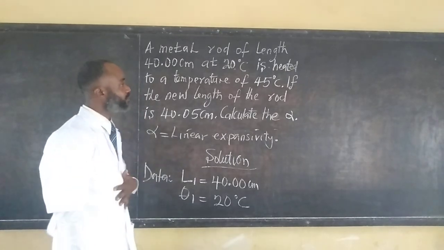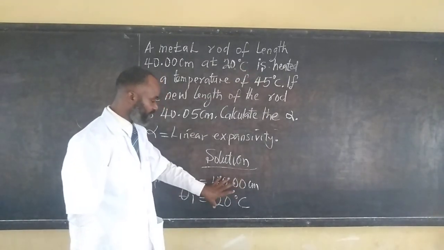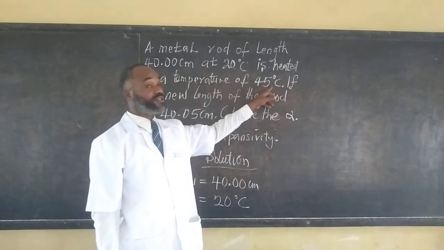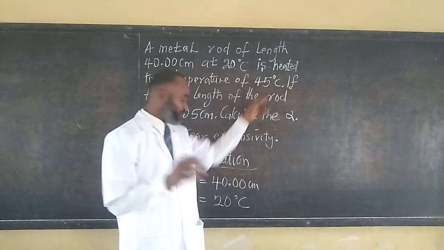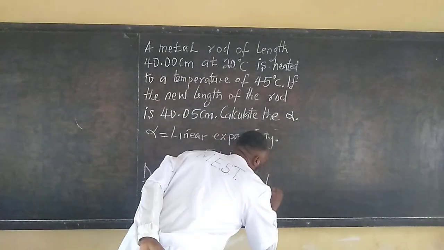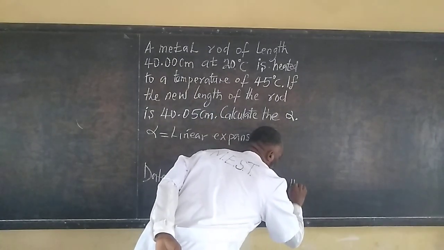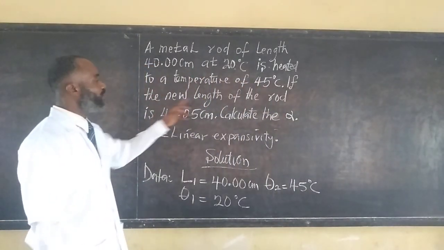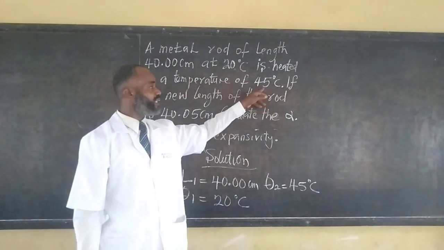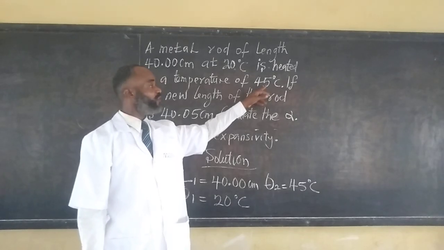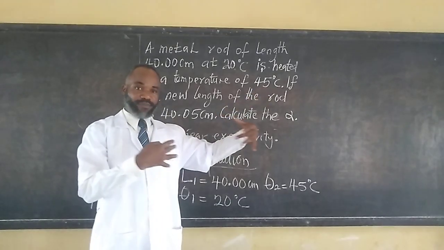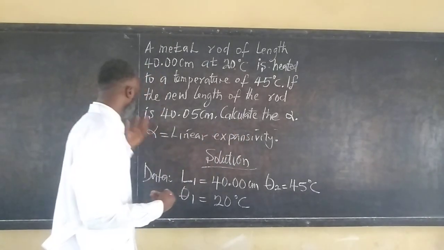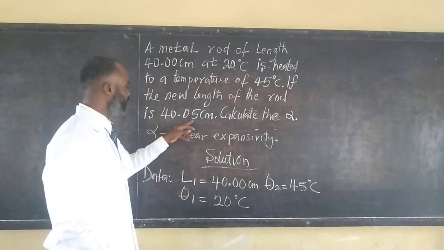Then it is heated to a temperature of 45 degrees Celsius. That's theta 2, temperature 2. Theta 2 is equal to 45 degrees Celsius. After being heated, there is an expansion, and that expansion gives rise to a new length, which is 40.05 cm.